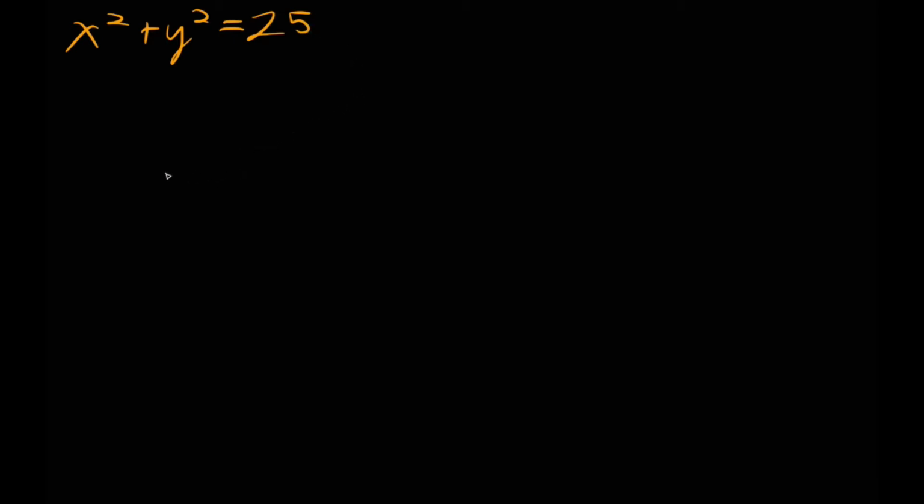Now, let's think. What does it mean to implicitly differentiate something? Implicitly differentiating consists of differentiating both sides of an equation with respect to x, and then solving the resulting equation for y prime.